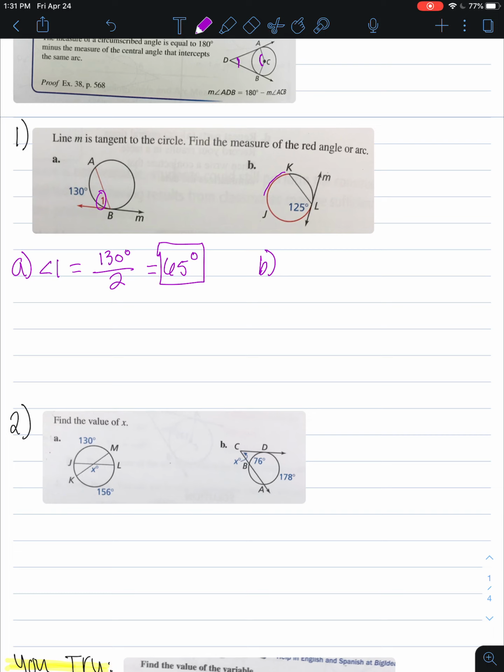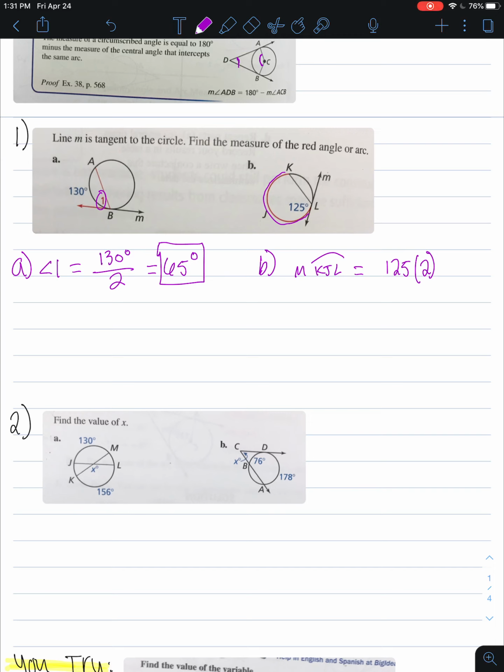Similarly, for B, if we needed to find this major arc right here, we would be working backwards. We would say that the measure of KJL would be equal to 125 times 2.